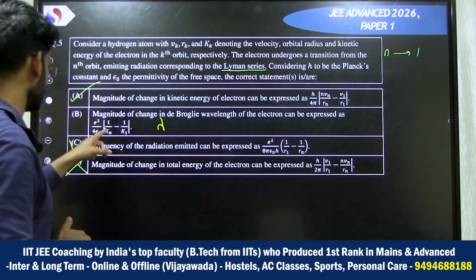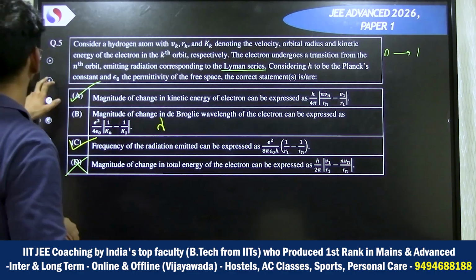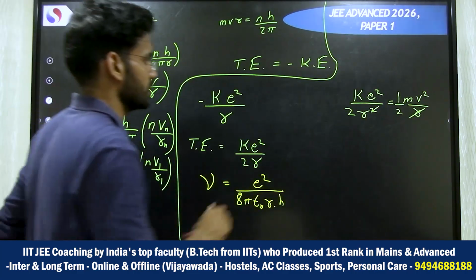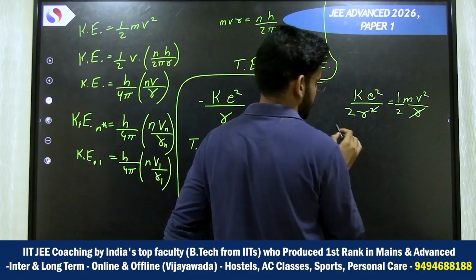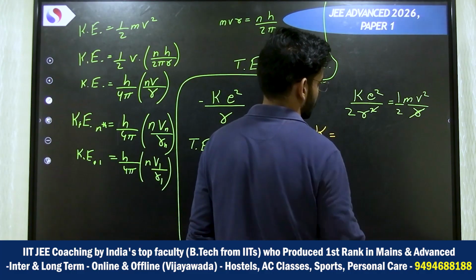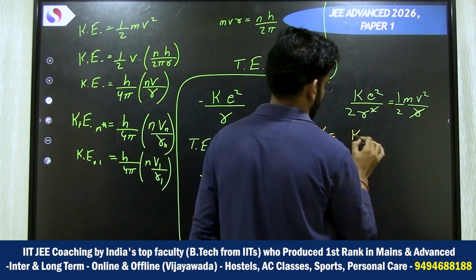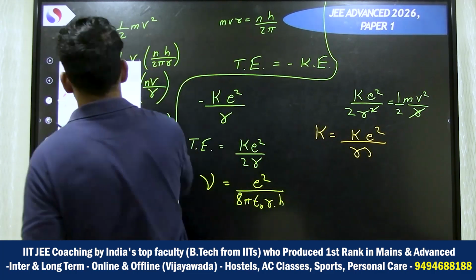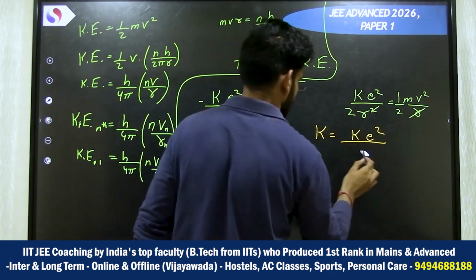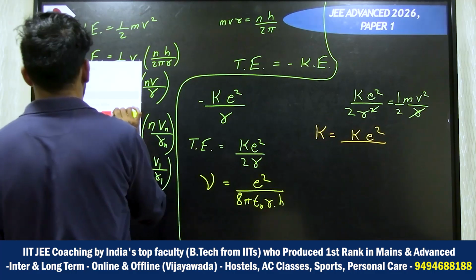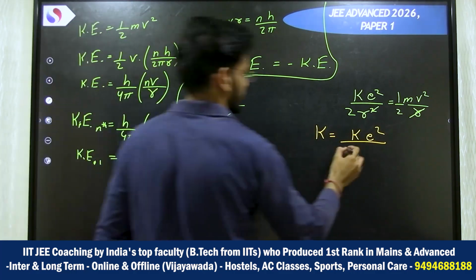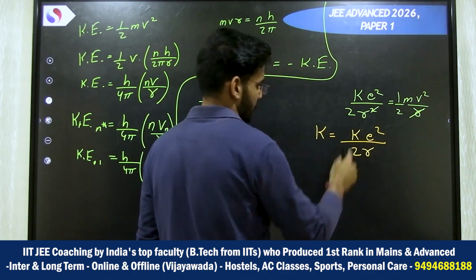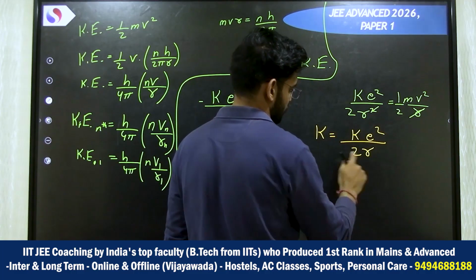Kinetic energy terms he is writing. Okay, fine. So if we see how we created this thing also, how much is the kinetic energy? k e square by 2r. That's what I was thinking, where is the problem? 2r. Okay. k is 1 upon 4 pi epsilon naught.